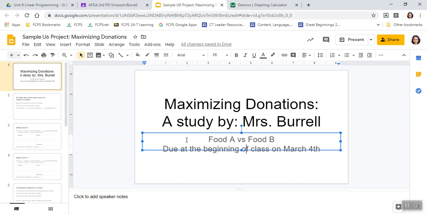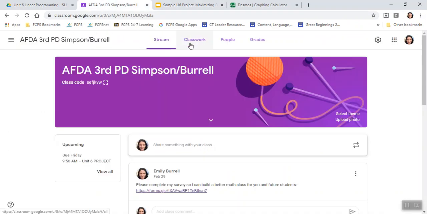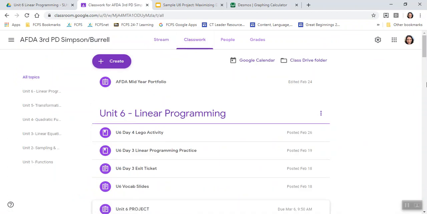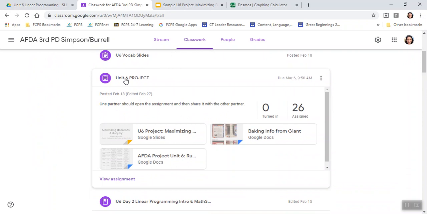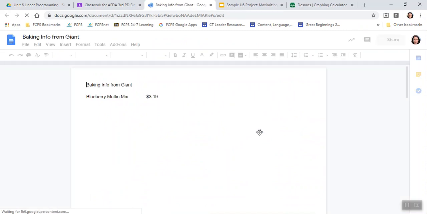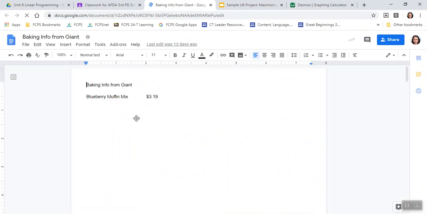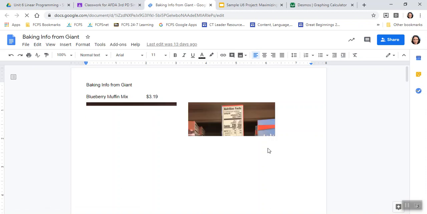You are welcome to go to the grocery store and do your own research, or you can look into the Google Classroom, in the same place where you found your project, right here where it says Unit 6 Project. You also have some baking information from Giant. So you can click on that, and you can look. There are 6 items that you could choose from.